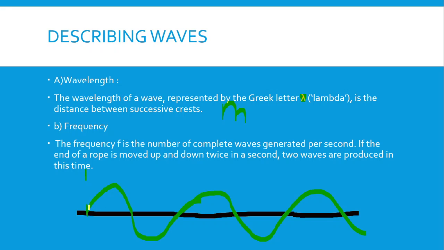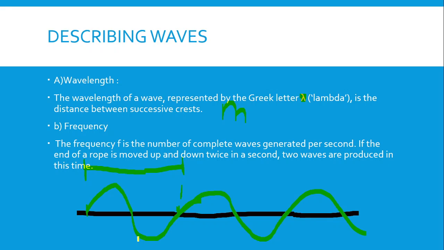This is the start of the first crest, and the next successive crest is going to be this crest. So we started from the initial start point of the crest and we end at the start of the next successive crest. This is the wavelength. The distance between these two points is the wavelength of the wave.